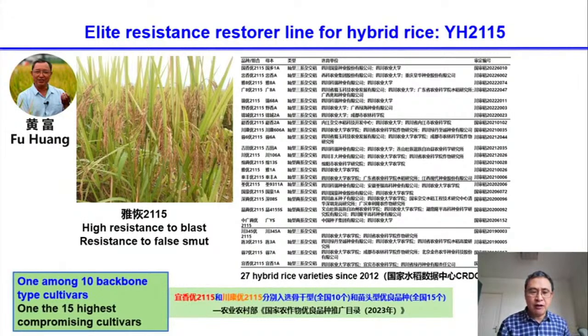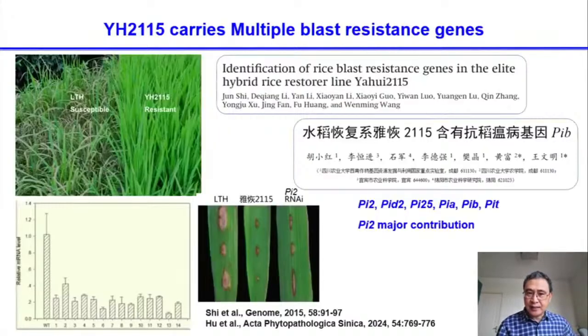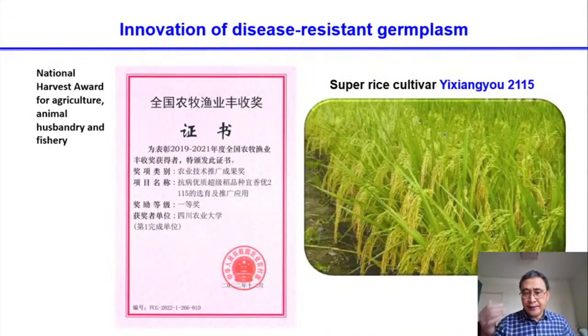And this restorer line carries multiple blast resistance genes such as Pi2 and Pid2. And Pi2 has a major contribution for blast resistance. And the cultivar we call Yixiangyou 2115 obtained the National Harvest Award.